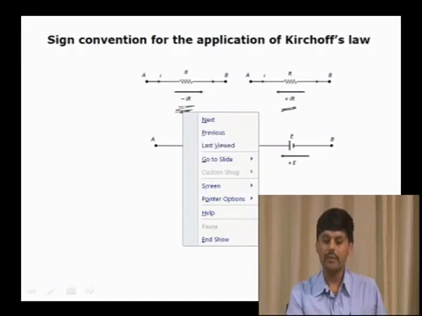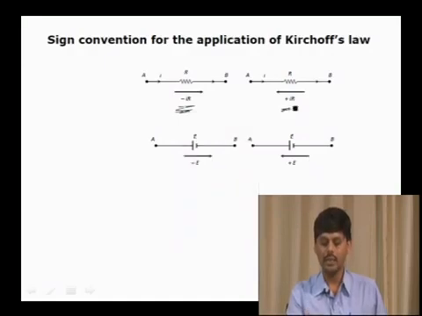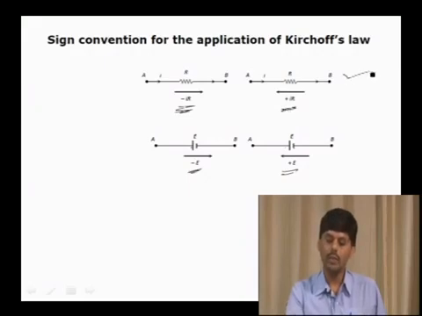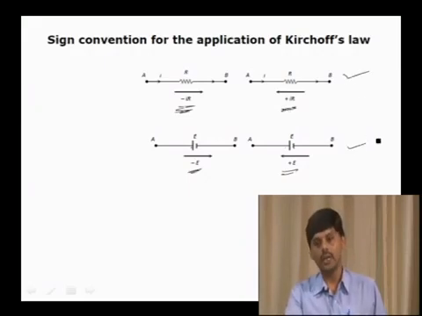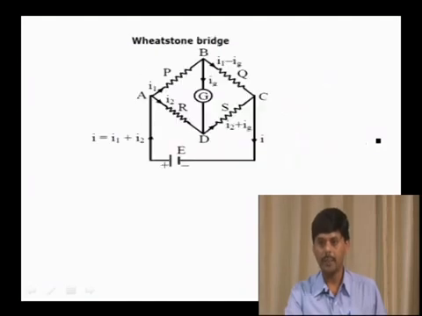Opposite to the direction of the current, we take plus. Similarly, in the case of the EMF, when we move from higher potential to lower potential, the EMF is minus E. If you move from lower potential to higher potential, then the EMF is positive. This is the sign convention. If you know this sign convention, it is very easy to solve Kirchhoff law problems.